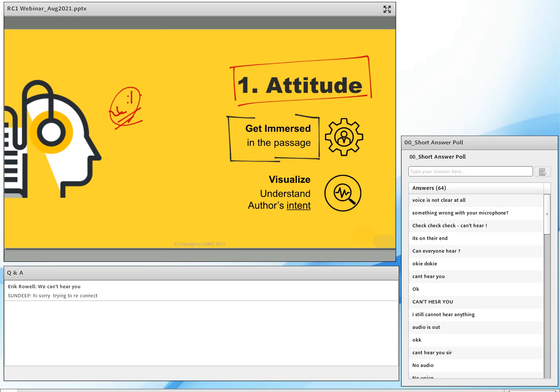And the moment we feel that, oh my God, what kind of a passage is this, we are blocking ourselves from immersing into the passage. And if we block ourselves from immersing into the passage, we will definitely not read the passage, and we will definitely not process the information the way we are supposed to.